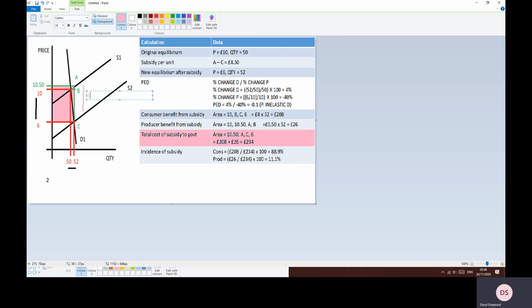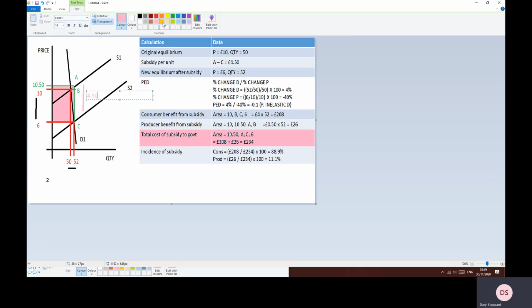So we're now giving in the marketplace a subsidy per unit of £4.50. So every unit of output produced by firms in this marketplace will carry a £4.50 subsidy. Well, the total cost of the subsidy would be the 52 multiplied by that £4.50. So 52 multiplied by £4.50 will give us a total subsidy cost to the government of £234.